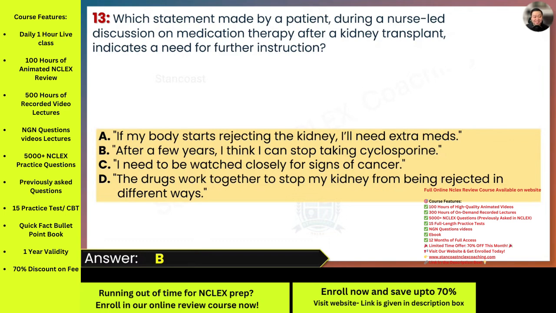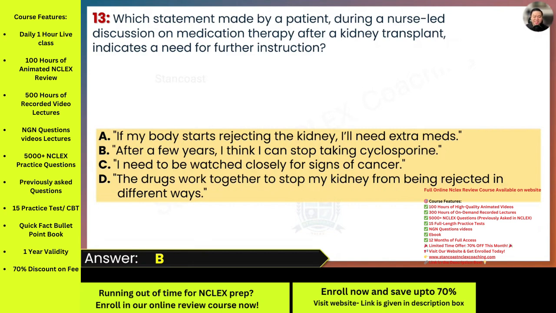Well, because the statement reflects a misunderstanding about their lifelong therapy. We know that the client has had a kidney transplant, and cyclosporine is an immunosuppressant, and this is going to be taken lifelong to prevent organ rejection after the procedure.